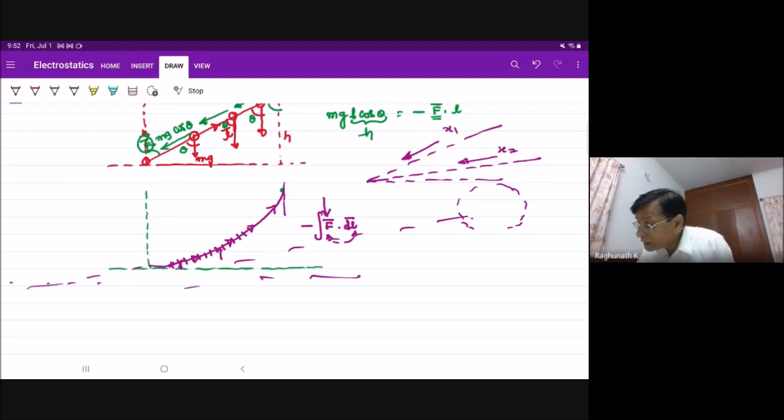Along each small path, because the slope is different, the opposing force is different, because its component is to be taken along that particular path, and then move it through a dL. By the time you change the dL, again the direction, the curve path got changed. The slope of the curve got changed. Because of which the potential difference is minus integral F bar dot dL bar from A to B, from initial position to final position.